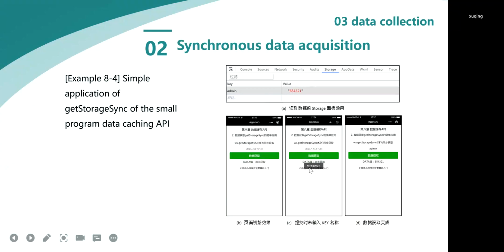B is the initial effect of the page. C is when the key is empty, and D is after obtaining the value. Okay, here is this example.